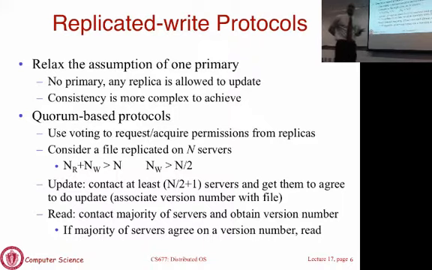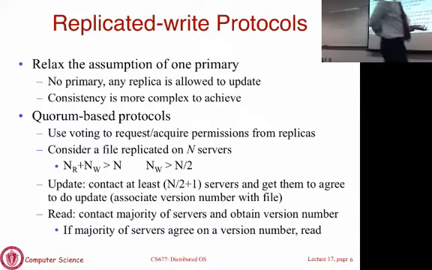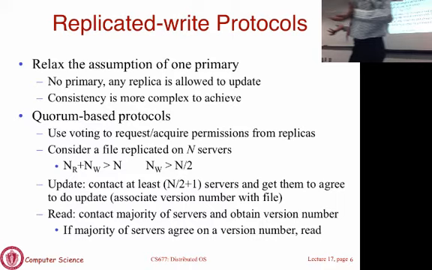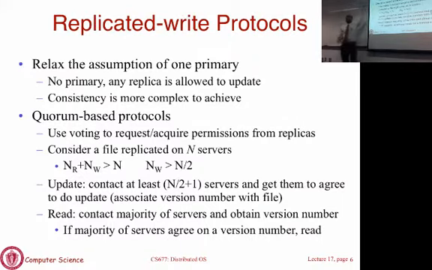So in this case, you have to ask the question, how can you ensure consistency? Who takes responsibility for telling all the other nodes? And when a read comes in, how do you figure out what is the most recent version of the data item? So the way you have to go about doing this is you have to use this notion of voting to figure out what is the most recent version of a data item.